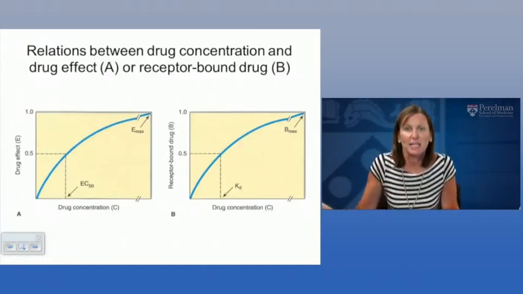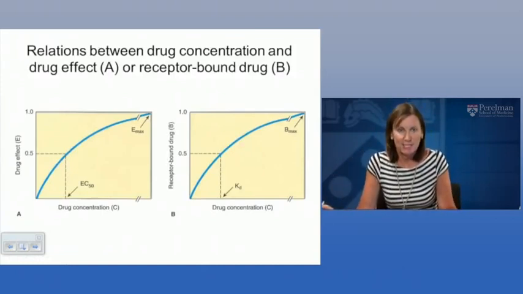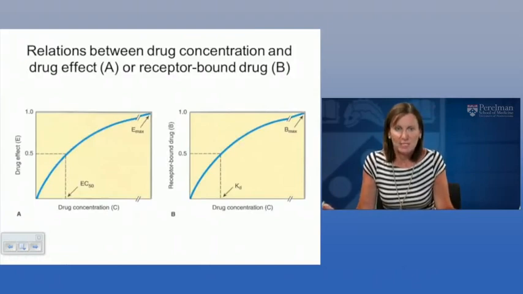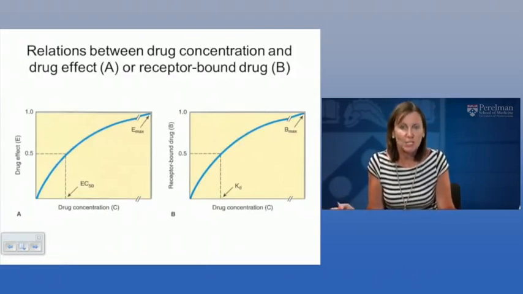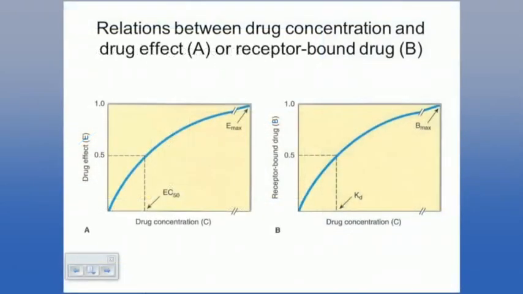So let's look at it in a pictorial sense. As we've said many times before, a picture speaks 1,000 words. In both of these panels, on the x-axis, you have drug concentration. And on the y-axis, in panel A, you have drug effect, efficacy. In panel B, you have receptor-bound drug.